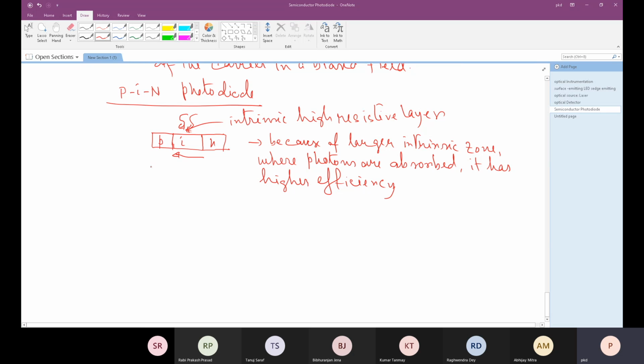Basically, if we plot the electric field, there is a constant negative bias in the high intrinsic zone.